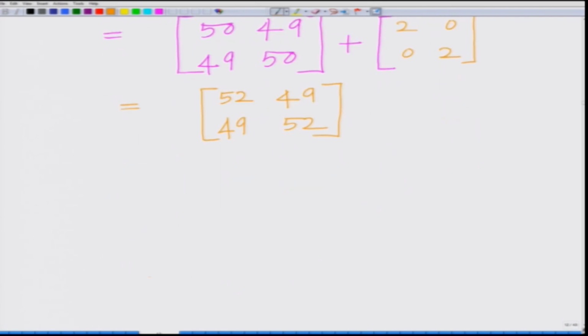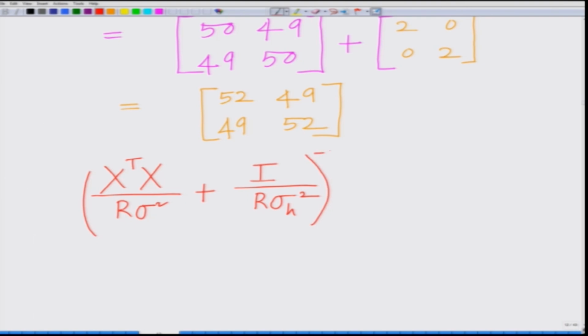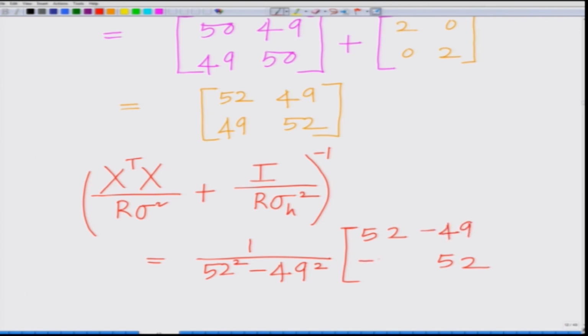Therefore, now we compute the inverse of this quantity, x transpose x divided by r sigma square plus I divided by r sigma h square, inverse. It is a 2 cross 2 matrix, so the inverse is easy: 1 over the determinant, which is 52 square minus 49 square, times, interchange the diagonal elements, so no effect, 52 52, and for the off-diagonal elements take the negative, minus 49 minus 49.